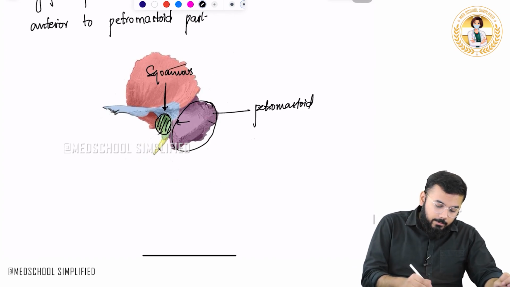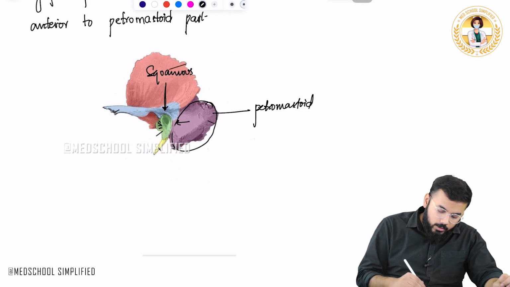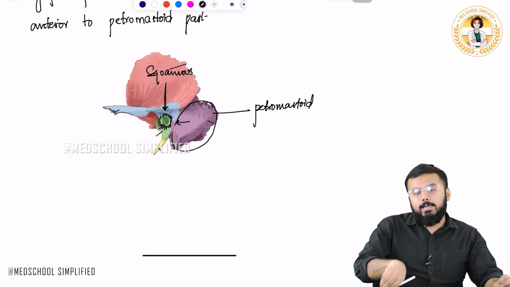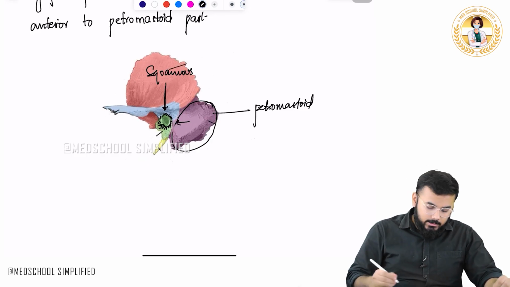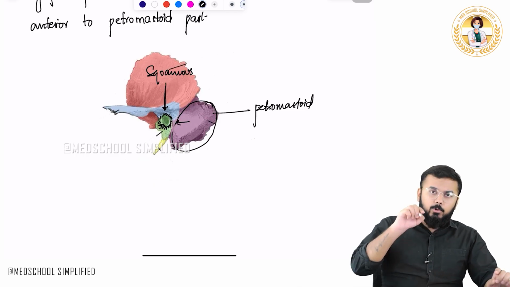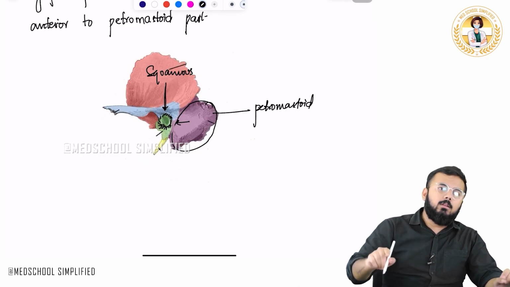This particular tympanic part over here is encircling what? This tympanic bone, whatever you can see, is encircling an opening here, right? This opening leads into the external auditory meatus. And by the way, this opening is called the external auditory opening. If you put a finger into that, that will lead into what? The external auditory meatus.